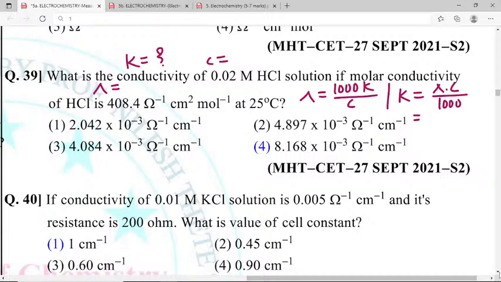So what is the molar conductivity? 408.4 multiplied by C, 0.02, and this whole divided by 1000. The zeros get cancelled. Answer is 8.168 into 10 to the power minus 3.